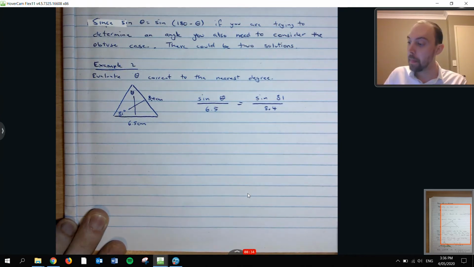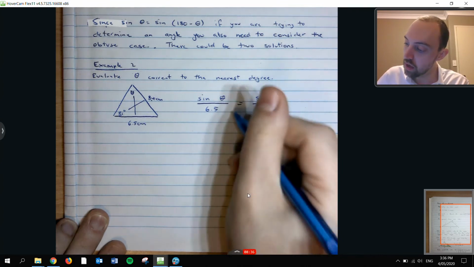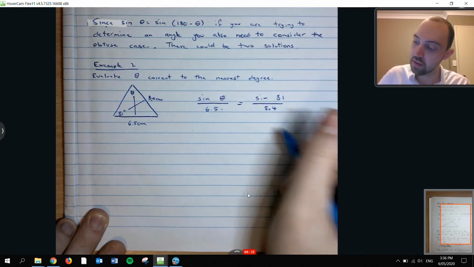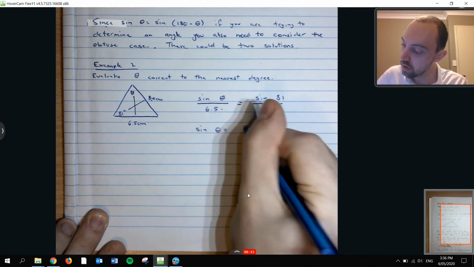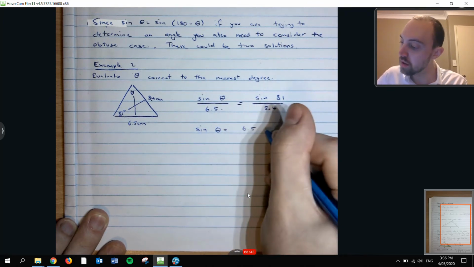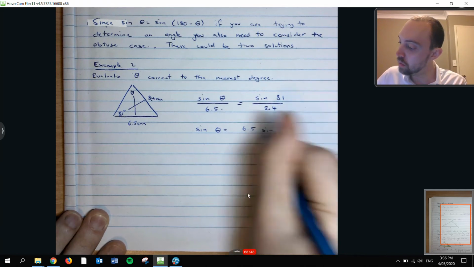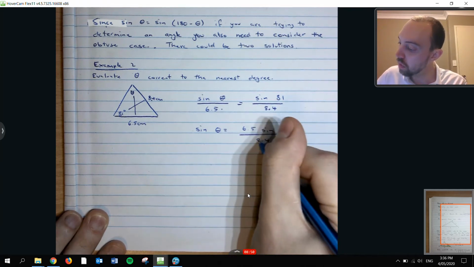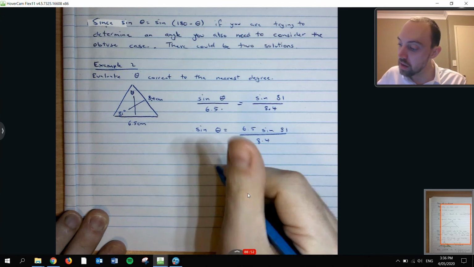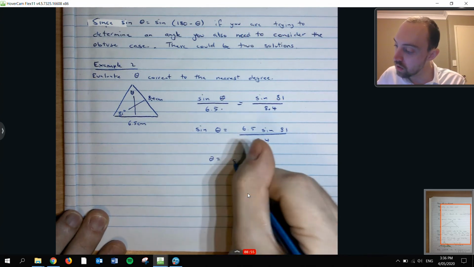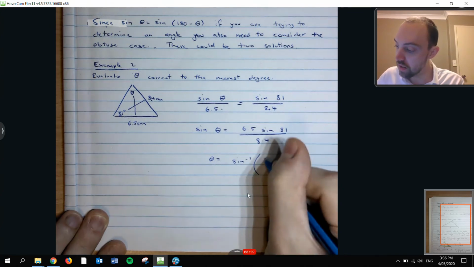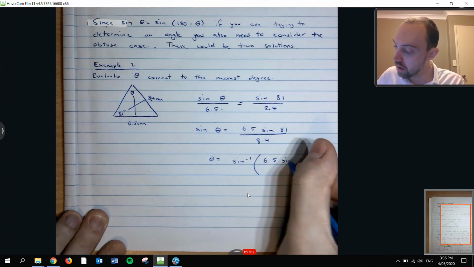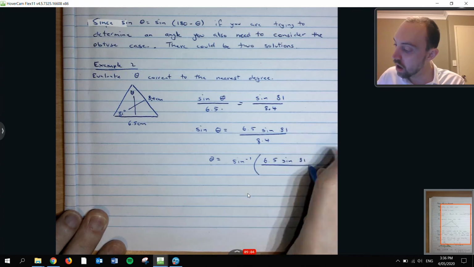Now, quickly rearrange: it's been divided by 6.5, so I multiply by 6.5. Sine theta is equal to 6.5 times sine 81 on 8.4. And now I need to take the inverse, so theta is equal to sine to the negative 1 of everything that was on this other side, 6.5 sine 81 on 8.4.